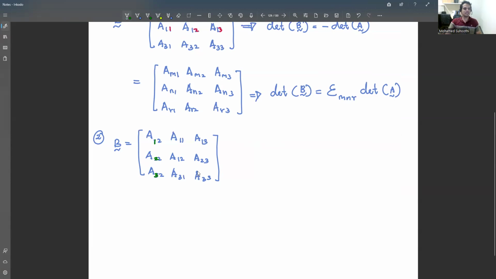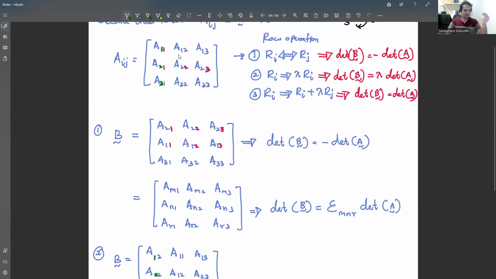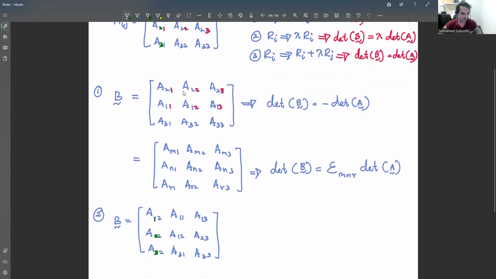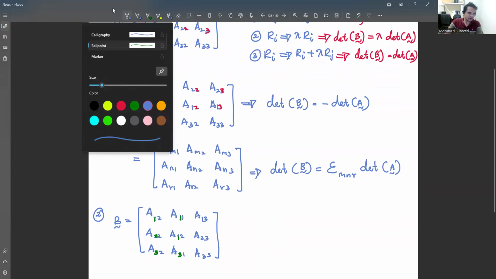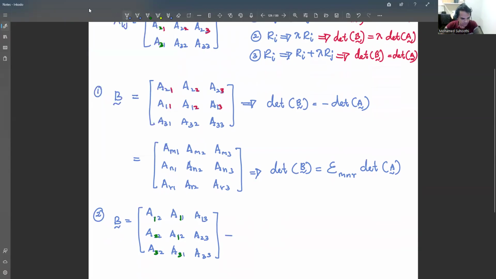The same thing is here. The first one I'll keep it same, 1, 1, 3. The second one I'm shifting. In this case also, the determinant will be negative, right? Determinant of B minus determinant of A.